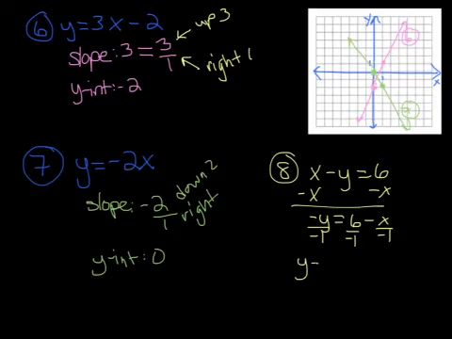Which gives me y equals -6 plus x. So here, I have a slope. Remember, if there's nothing in front of the x, it's just going to be 1. And in order to become a fraction, I'm going to write it as 1 over 1. My y-intercept is at -6.